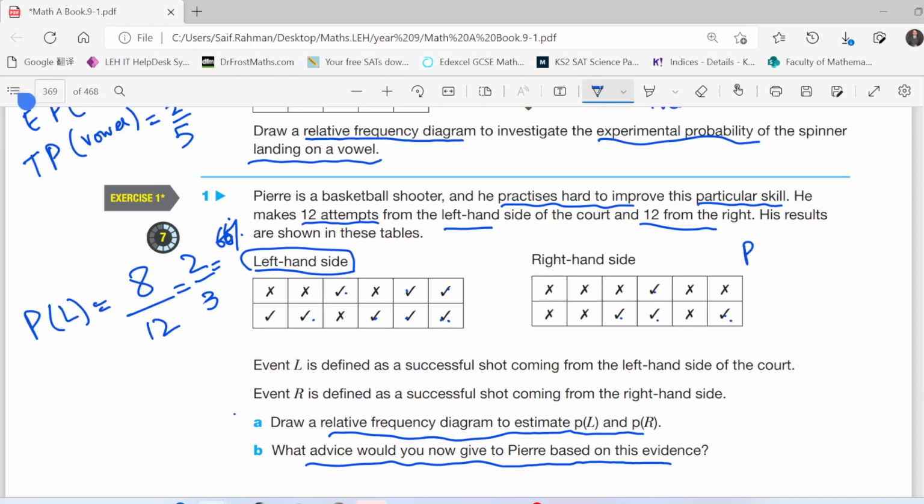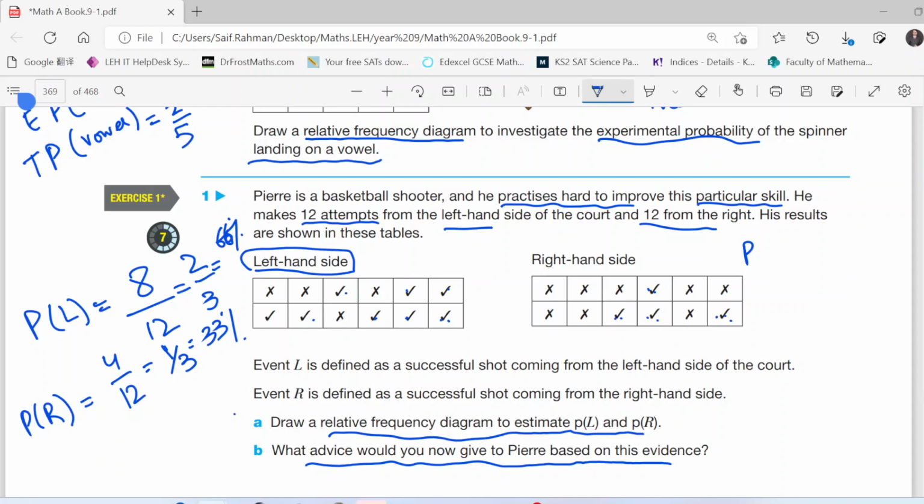So the probability of scoring on the right side is 4 out of 12, or 1 out of 3, or 33%. So on the right side the probability that he will score is 33%, and on the left side the probability is 66%.